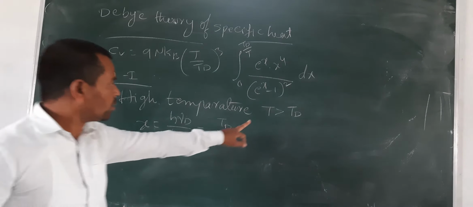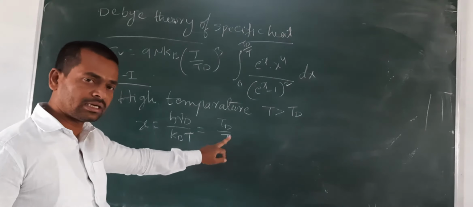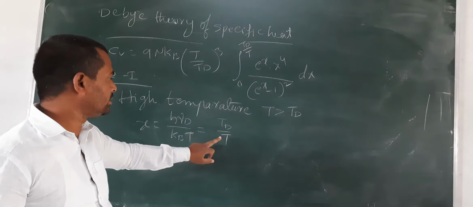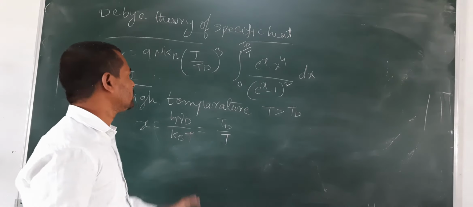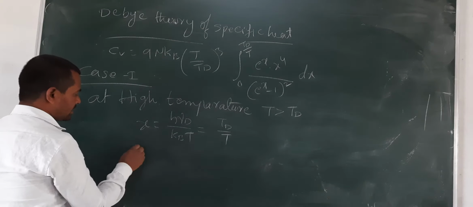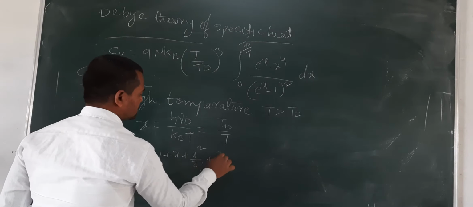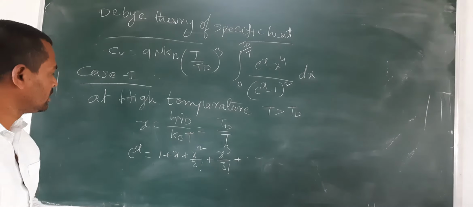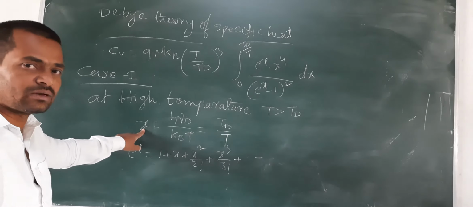In this high temperature, T is present in the denominator of x. When the denominator term is high, then the x term automatically becomes low. Now e power x can be written as 1 plus x plus x square by 2 factorial plus x cube by 3 factorial, and so on. But we know x is low.